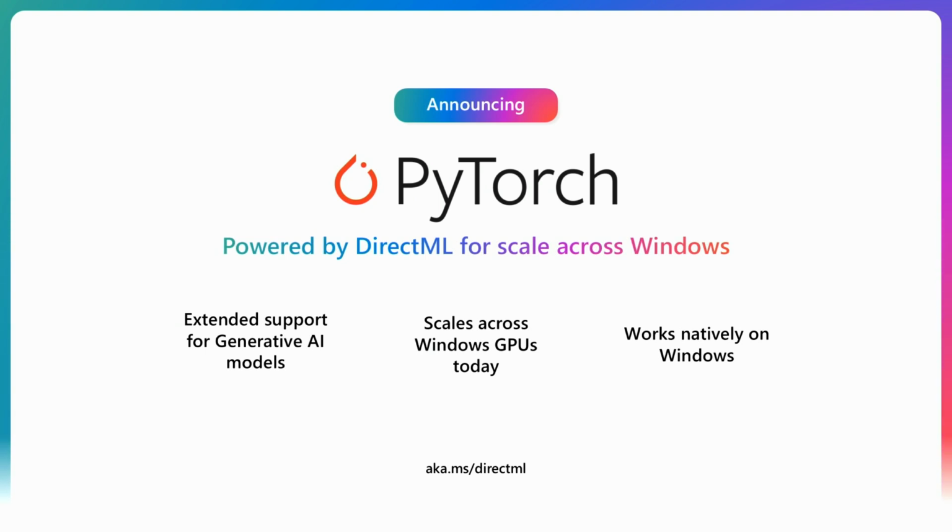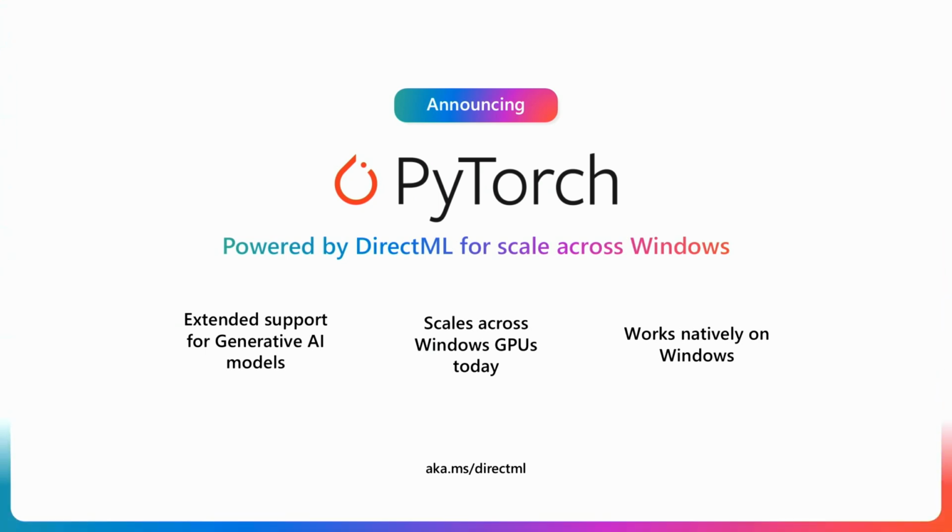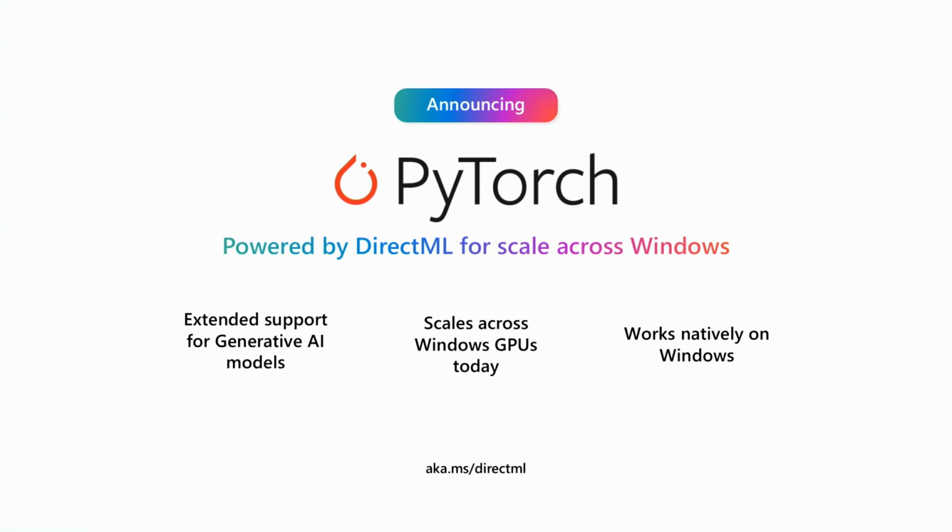DirectML aims to enable you to leverage popular ML frameworks, and today we're excited to announce that we have extended our PyTorch with DirectML support to a wider range of models for inferencing across Windows GPUs. We understand PyTorch is widely used in experimentation and testing, and realized that it would be great to enable you to leverage PyTorch to test and scale across Windows. Now, with DirectML, you can.